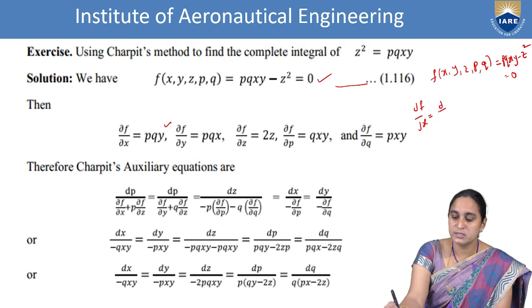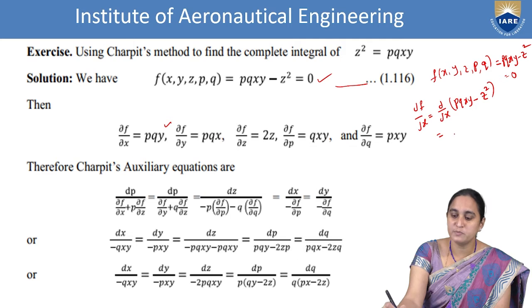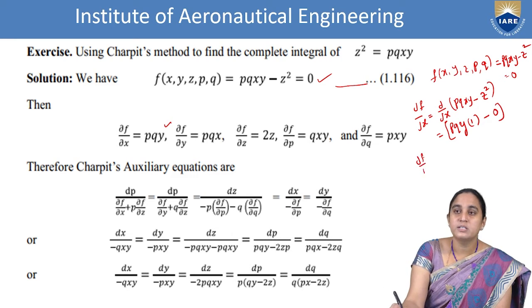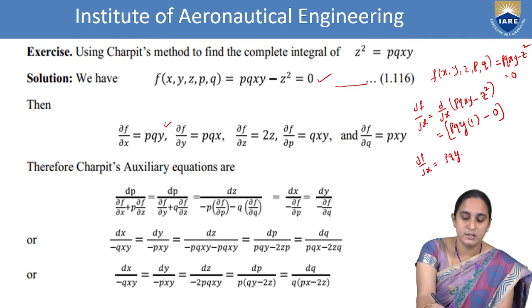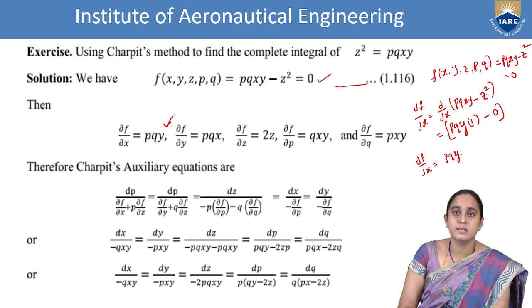Dou f by dou x is equal to dou by dou x of pqxy minus z square. With respect to x, pqy is constant and x differentiation is 1, and z square is 0. Therefore dou f by dou x is pqy.